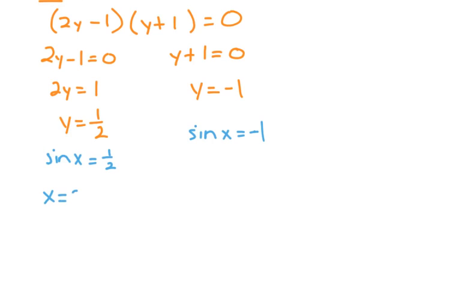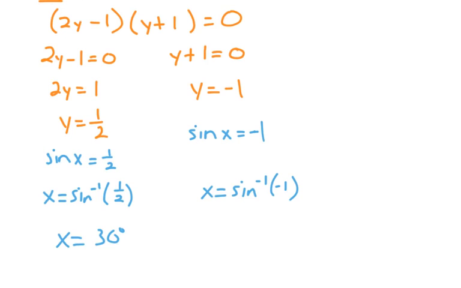We can say x is equal to the sine inverse of 1/2, and x is equal to the sine inverse of -1. And when you type these two numbers into your calculator, what you're going to find is that x equals 30 degrees, or pi over 6 if you're thinking in radians, and x is equal to -90 degrees, which would be either -pi over 2 or 3 pi over 2 in radians.